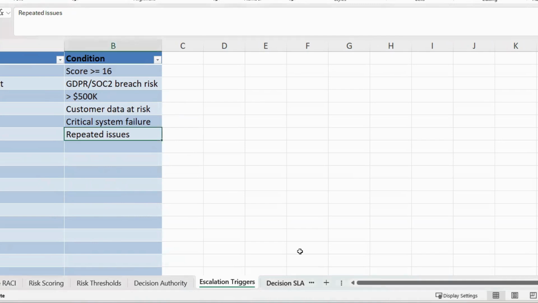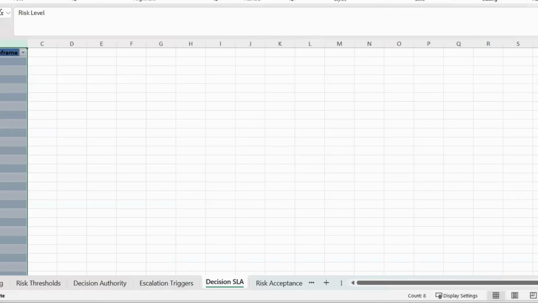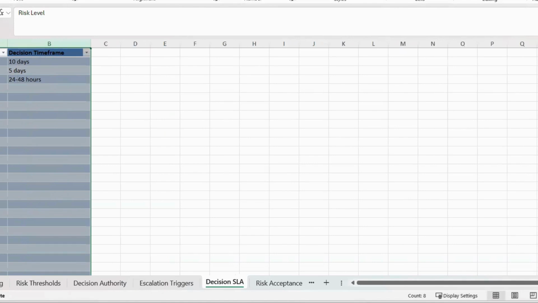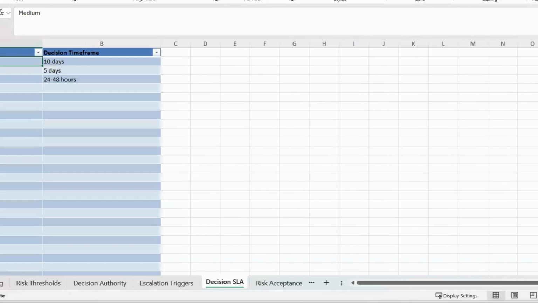Next element of your charter involves your decision SLA, in terms of how fast decisions are made based on your service level agreements. So if the risk you're addressing falls at, for example, medium, then the decision time frame is over 10 days. If it is high, then it is within 5 days. If it is a critical risk level, then it is a decision that has to be made within 24 to 48 hours.